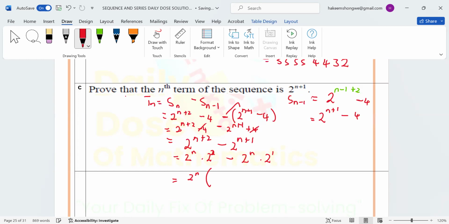What remains is 2 squared, which is 4, minus 2 to the power of 1, which is 2. So we have 2 to the power of n times 4 minus 2, in other words 2 to the power of n times 2. Now you can take it back again. The bases are the same, so it's 2 to the power of n plus 1, which is what we're looking for.